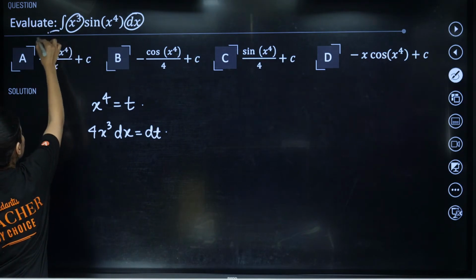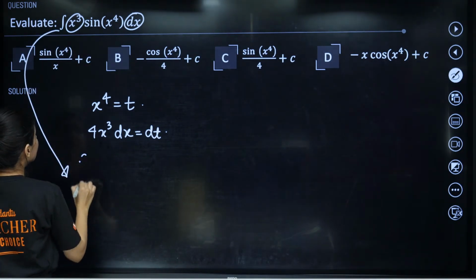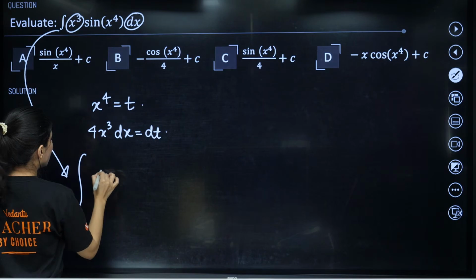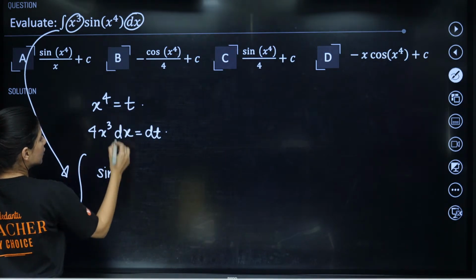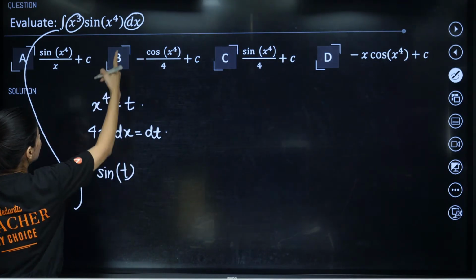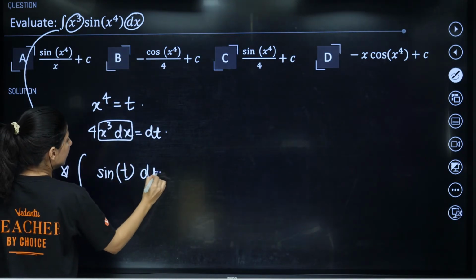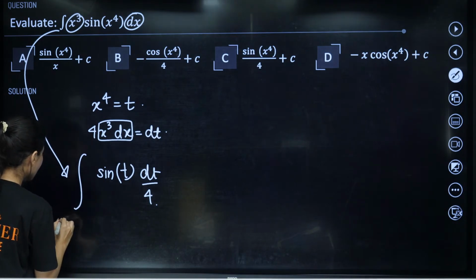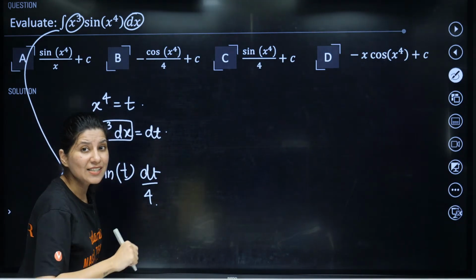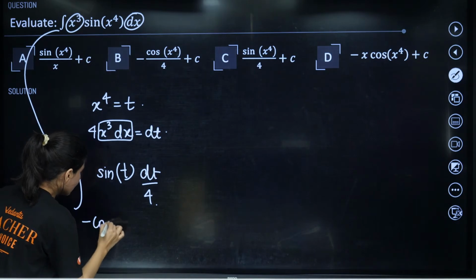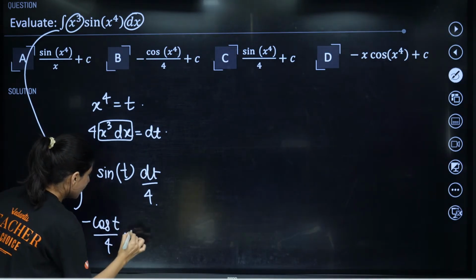So finally your integration will become: sine of x raised to power 4 is sine t, and x cube dx is replaced by dt upon 4. The integration of sine t is minus cos t, so minus cos t upon 4 plus c.